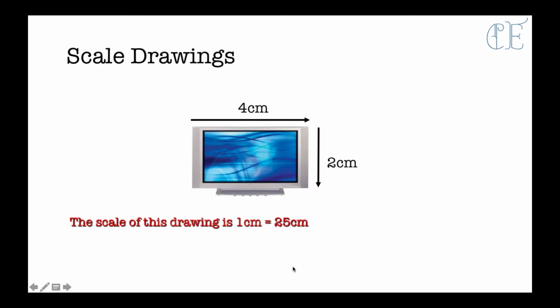We can also use scale drawings to find lengths of smaller objects, like a television, for example. This scale drawing has a TV that measures 4 centimetres by 2 centimetres, and the scale of the drawing is 1 centimetre equals 25 centimetres. So what is the actual width and height of the TV?